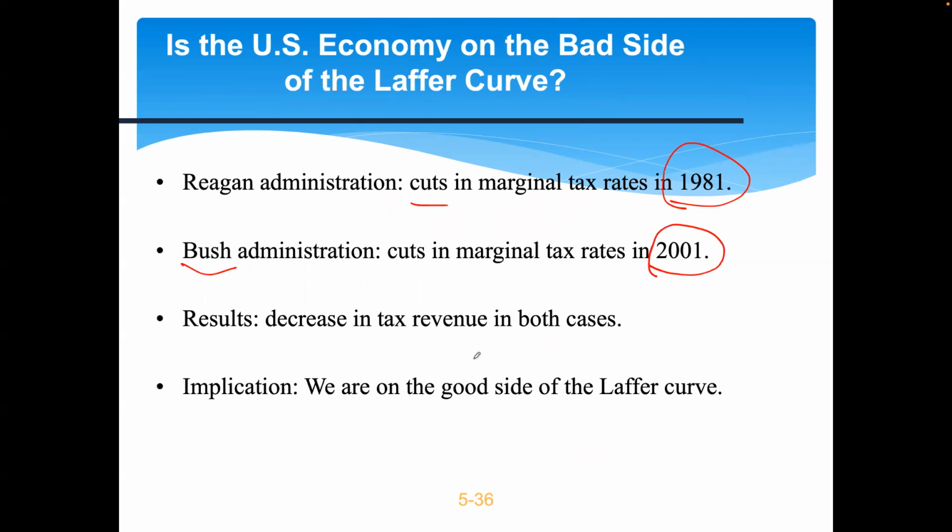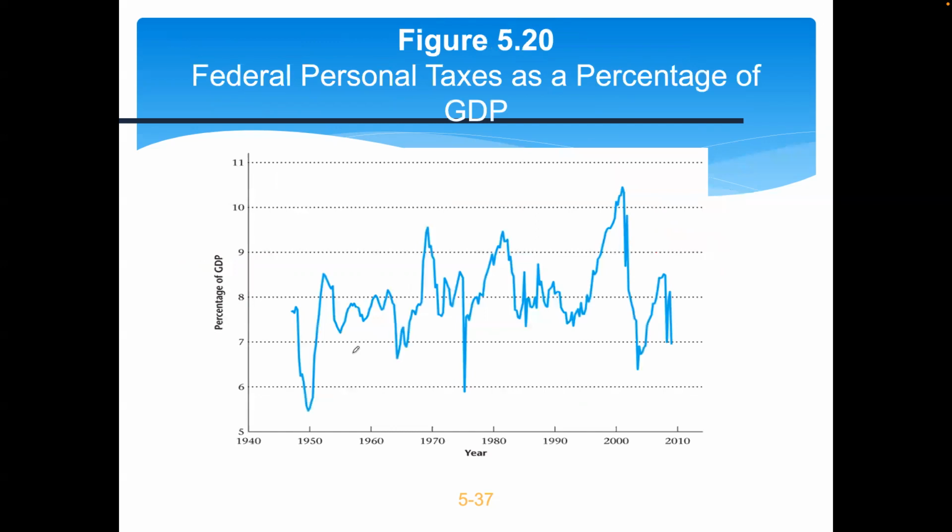But afterwards, if we look at total tax revenue, it dropped in both cases. The main implication is that it seems like we are on the good side of the Laffer curve, meaning this tax cut may not be a good idea.